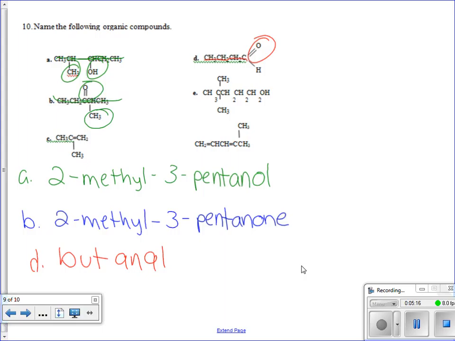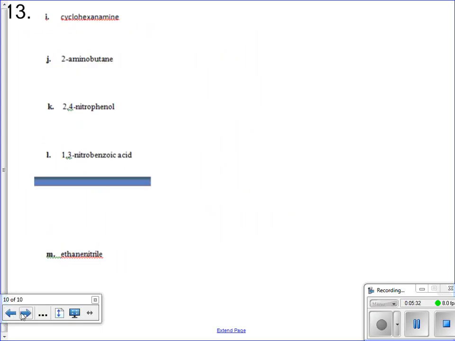All right, 12. Each of the following formulas can be written as two compounds with different functional groups. Write the structural names of the compounds and identify the functional groups. So you are going to do isomers here.